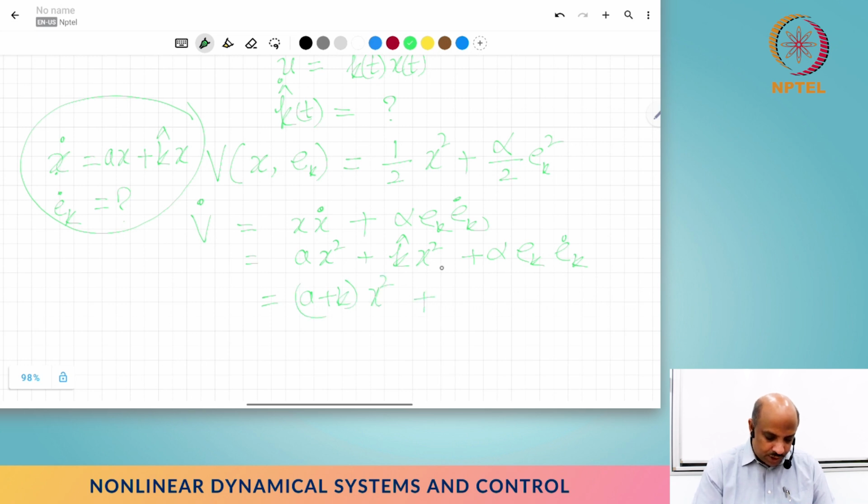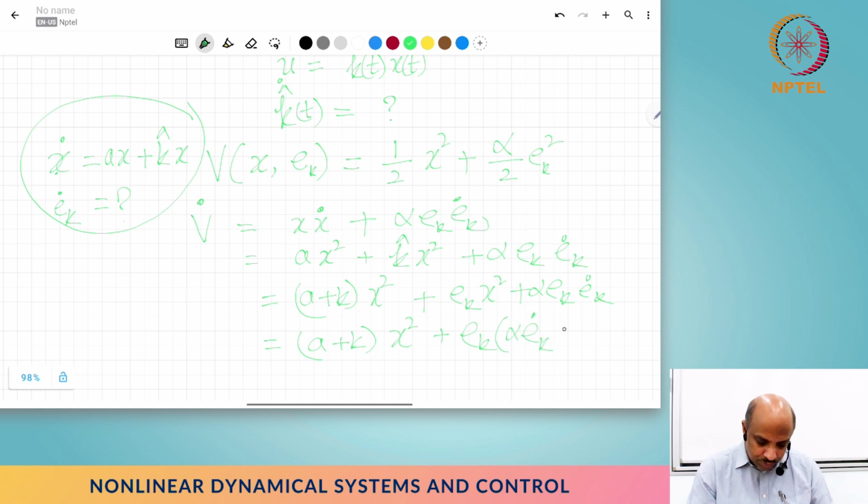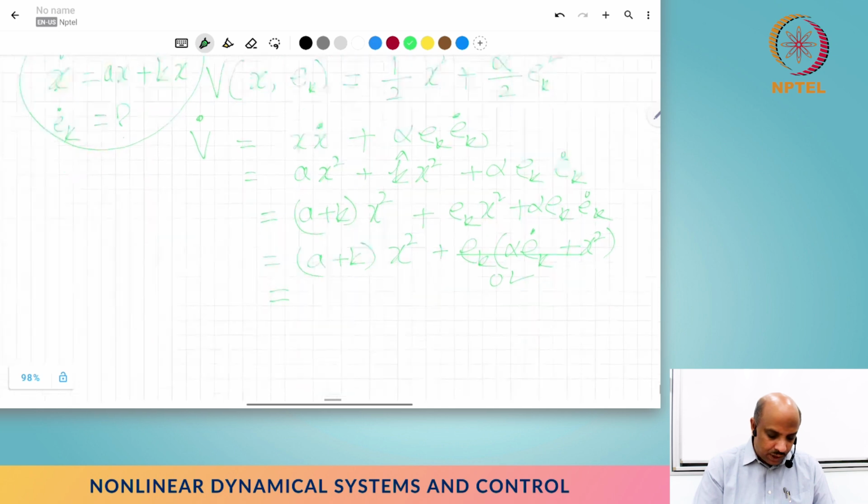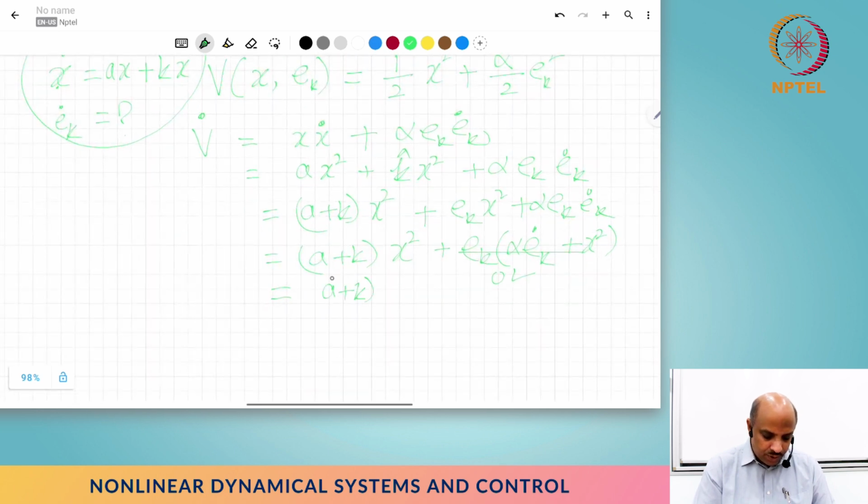When I subtract, I'll get e k x squared plus alpha e k e k dot. That is equal to (a plus k) x squared plus e k times (alpha e k dot plus x squared), right? So I can pick my e k dot so that this is going to be 0. I'll end up with (a plus k) x squared, which is less than 0 for all x not equal to 0.